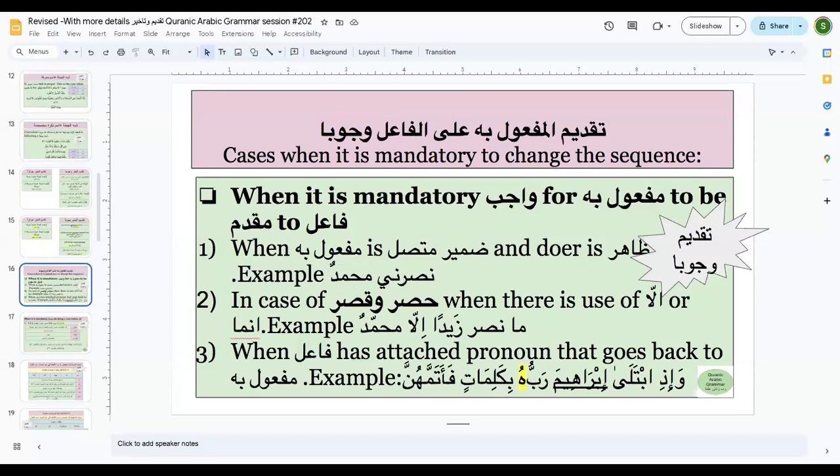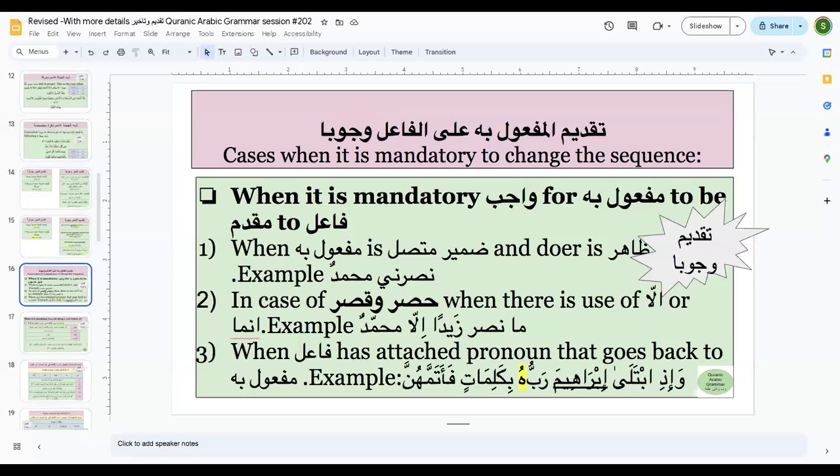Can its opposite be damir? Because if there is a damir which does not have to be mustatir, if it was nasarani, is damir mustatir there? No, right? Your damir is not mustatir in that case. So keep that in mind.